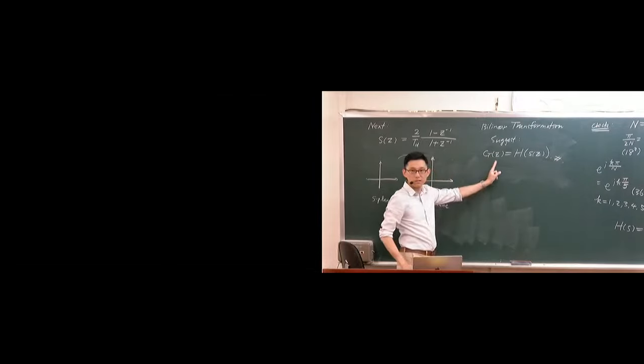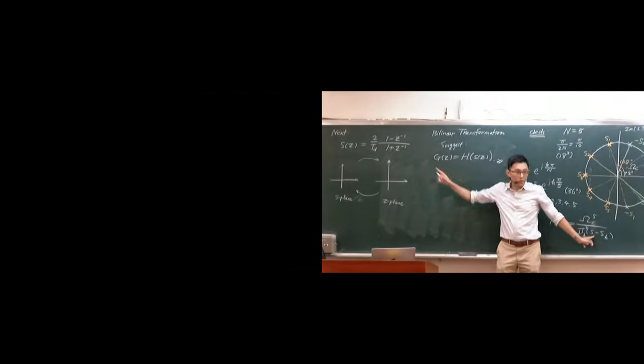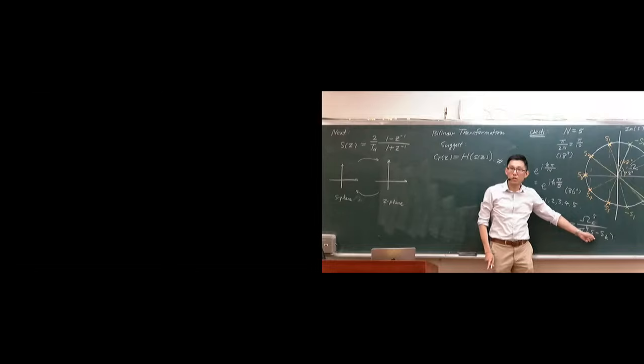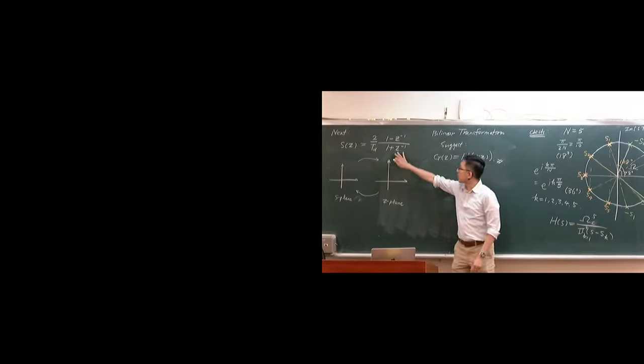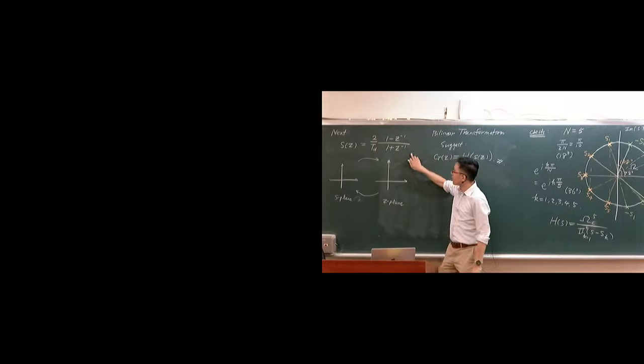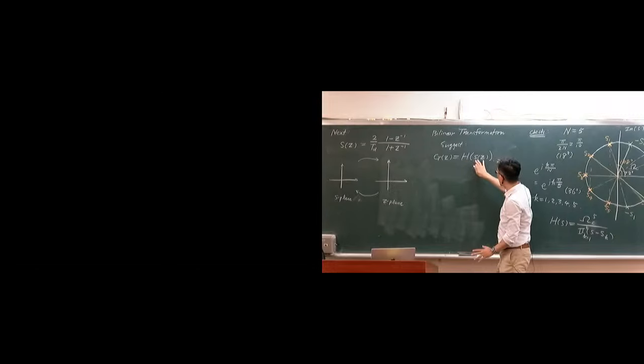That's a design. Surprisingly simple. By using this transformation, wherever we see S, we plug in this expression. S repeatedly shows up right here, and we just replace S with this function of Z. Then the result of H of S of Z becomes a function of Z.